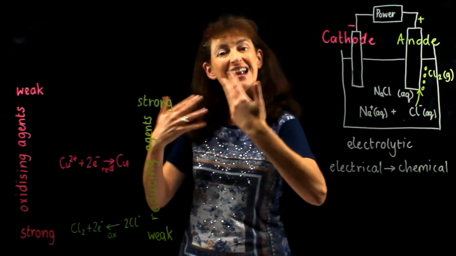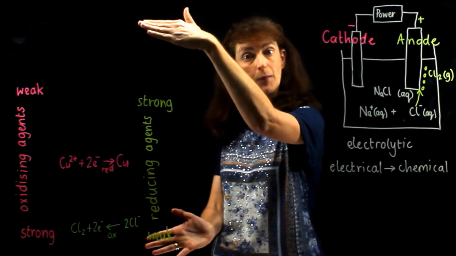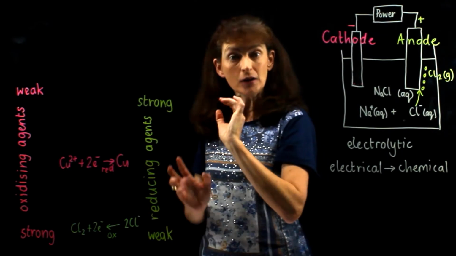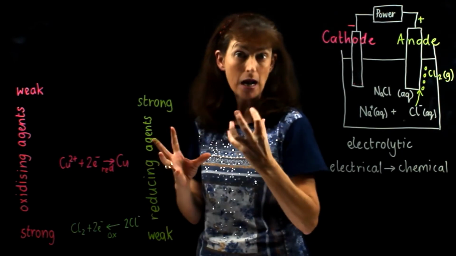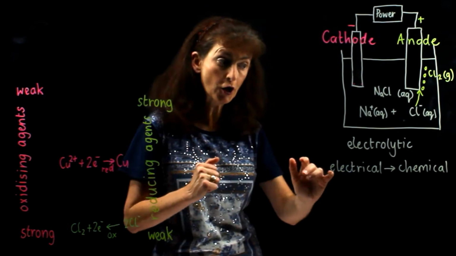And so the less likely that reaction will happen. The further they are apart, the less likely that combination of reduction and oxidation half reactions will occur for an electrolytic cell.